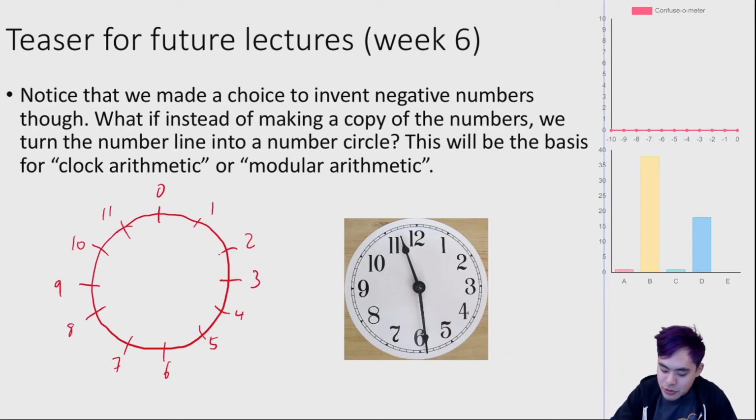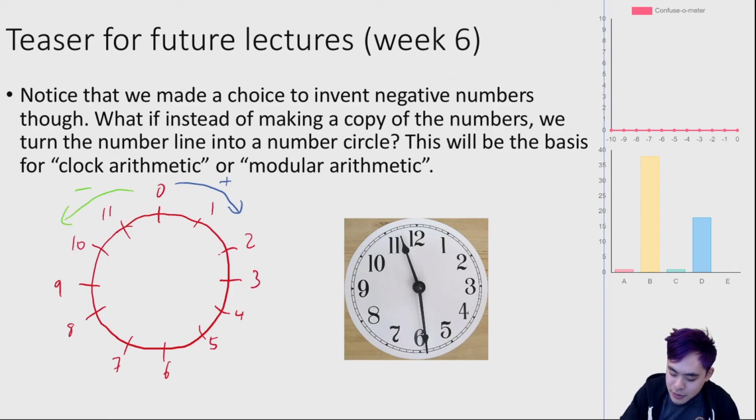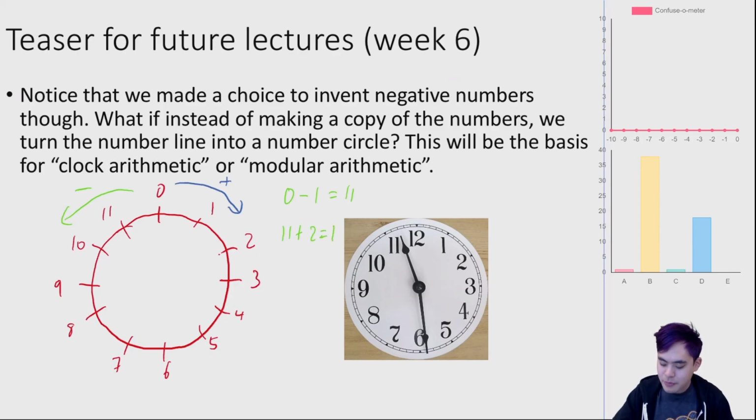In this example, we could say that moving to the right from the top, or moving clockwise, since that's the direction clocks go, is going to be addition, and moving the other way is going to be a minus. So you might say something like 0 minus 1, that's moving 1 to the left, is going to be 11. Or you might say that 11 plus 2 is going to be equal to 1.